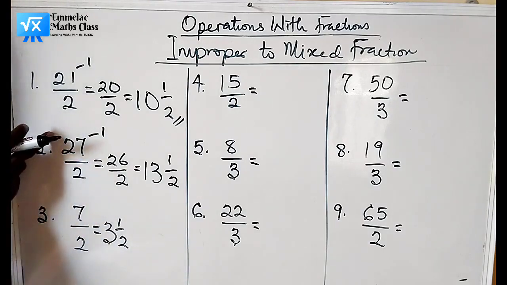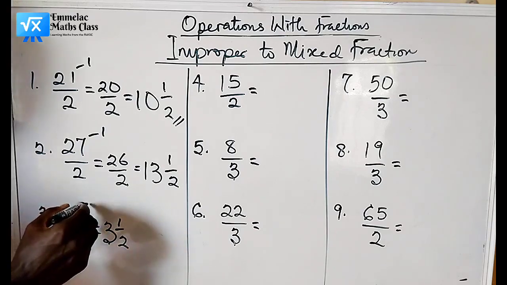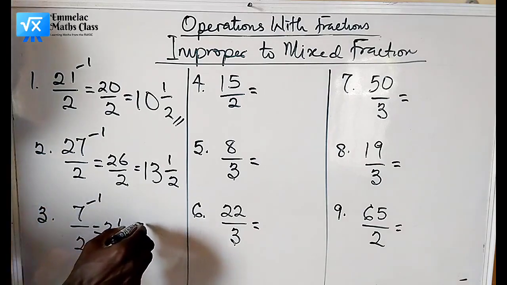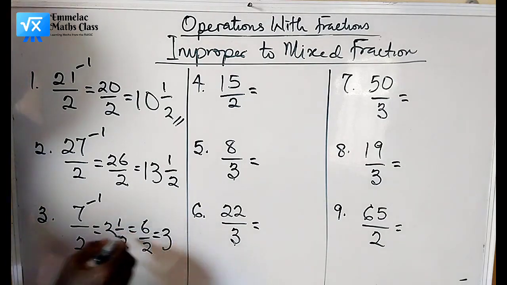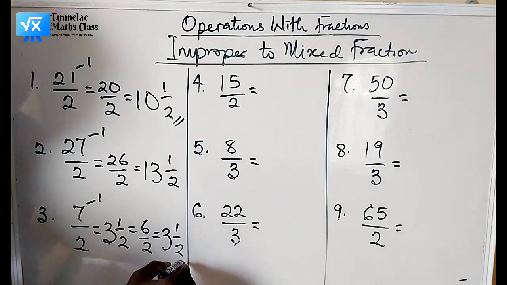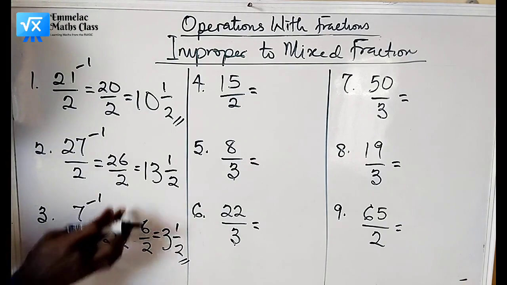You can also implement the rule here: what is the even number before 7? That is 6. And how do you get 6? You subtract 1 from 7. So 6 divided by 2 gives us 3, and 1 over 2, which is the same thing as this. Take note, this is not an equal sign though.